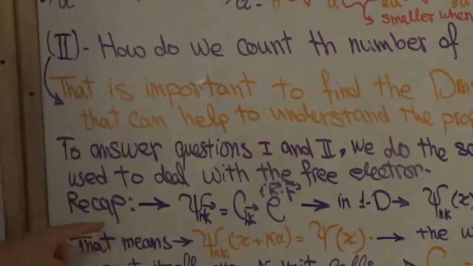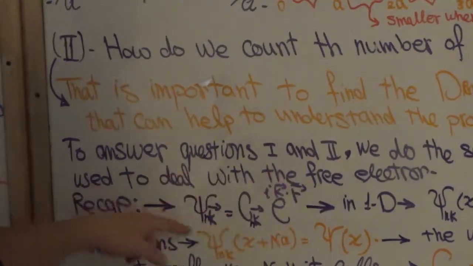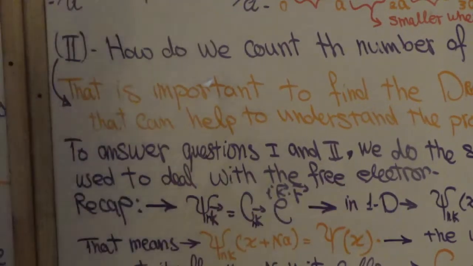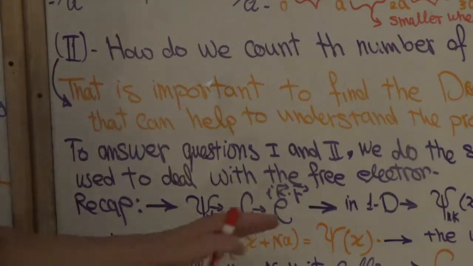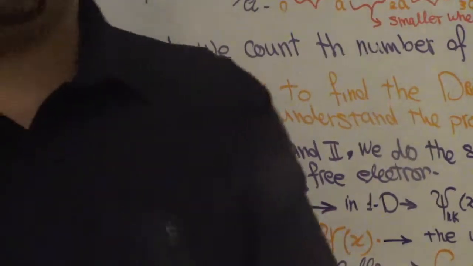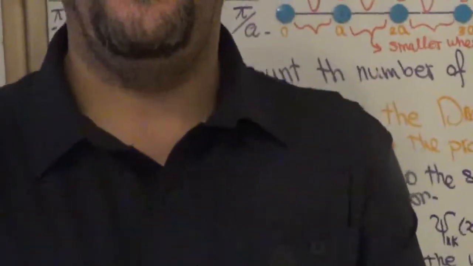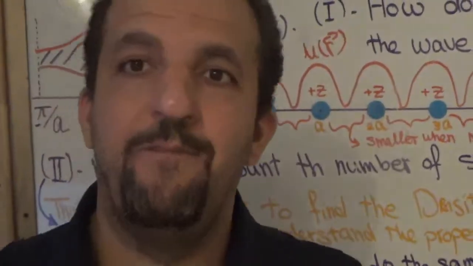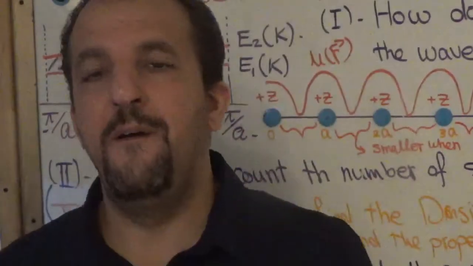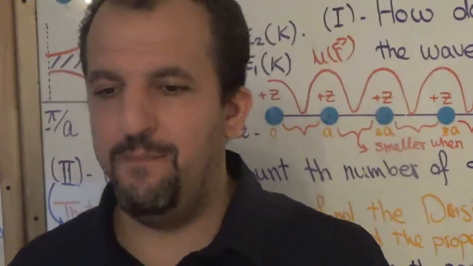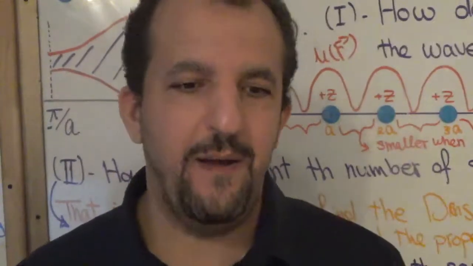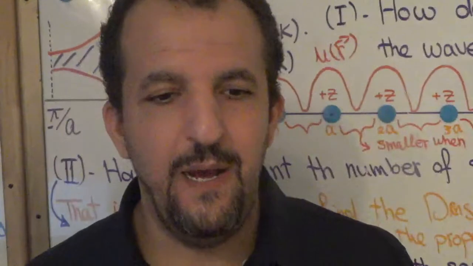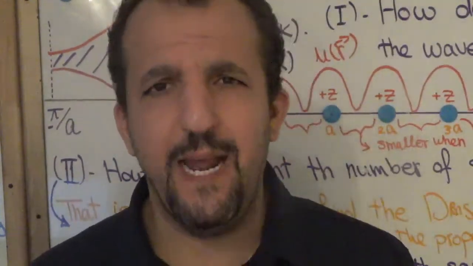And now, guys, we mentioned that this is the plane wave that we use to solve the free electron wave function. Just to remind you, if you still remember the free electron problem, one of my early sessions includes the solution for it.